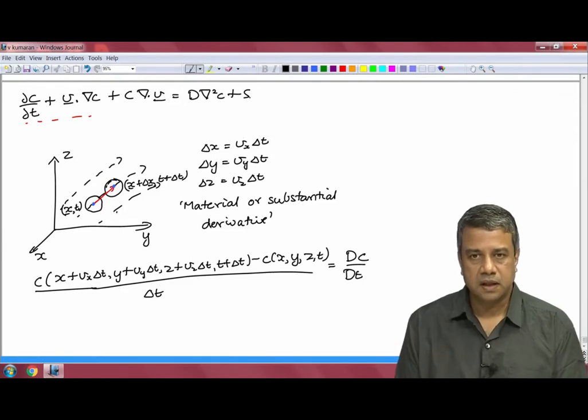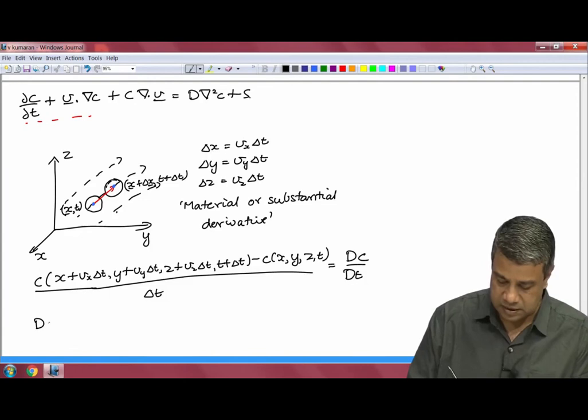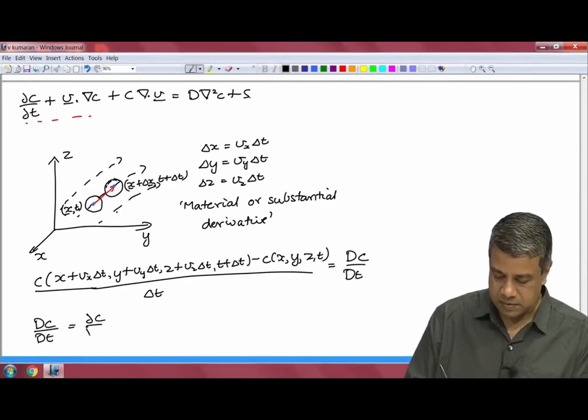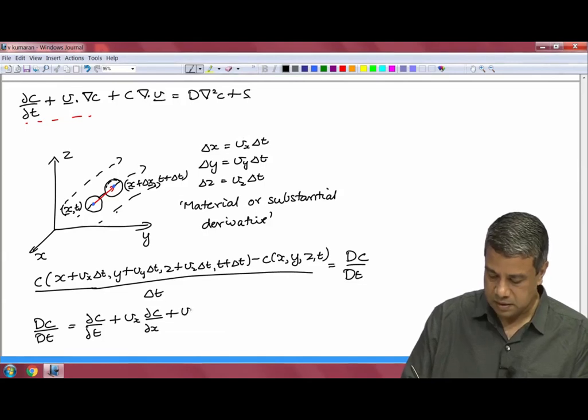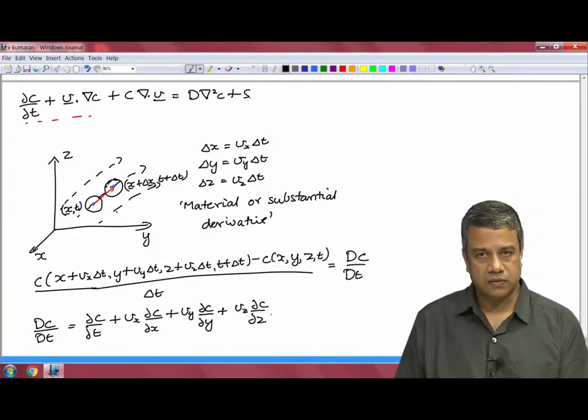And you can do the differentiation by chain rule, and what you will get is that Dc by Dt is equal to partial c by partial t plus Vx partial c by partial x plus Vy partial c by partial y plus Vz partial c by partial z, using the chain rule for differentiation.